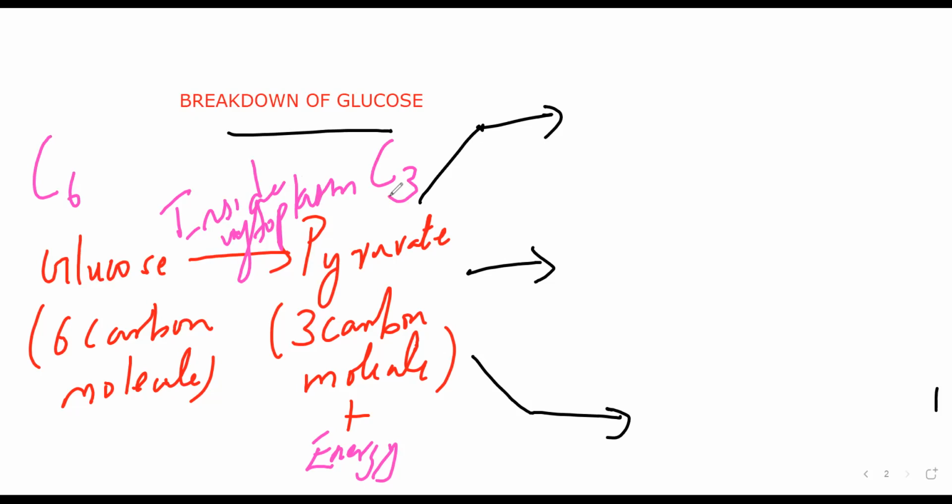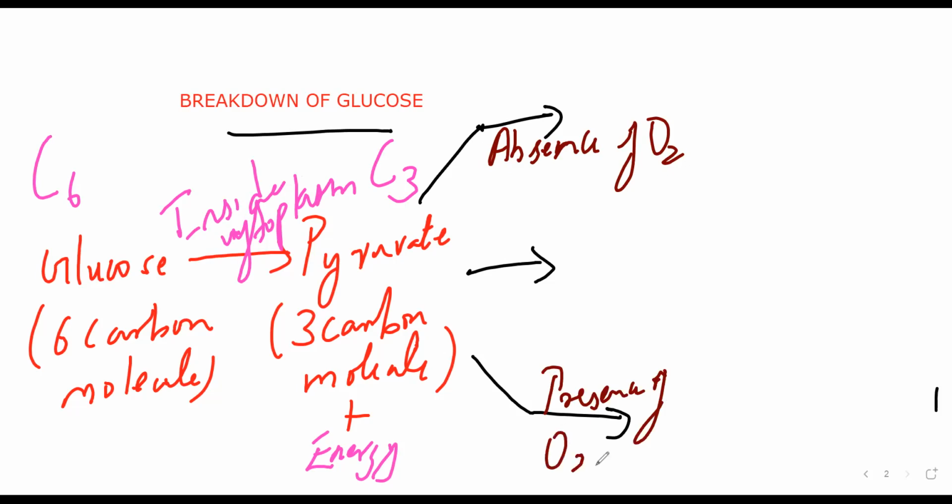Now, first case we will see what? Absence of oxygen. So there are three cases. First case is what? Absence of oxygen. So 0% of oxygen. The last case is what? Presence of oxygen.